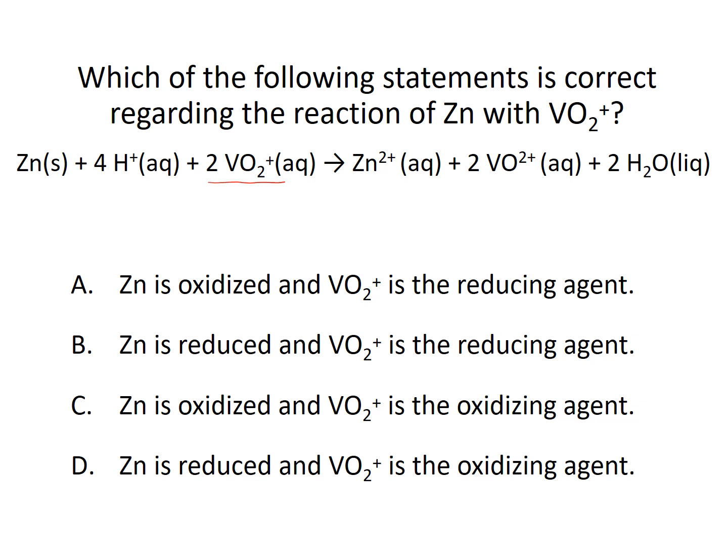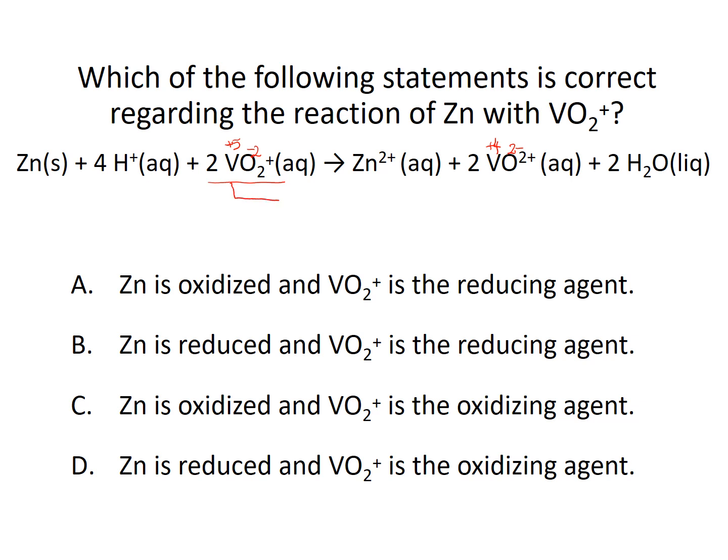If there is a positive charge here, and we have two oxygens with a -2 charge, then we're going to say that this vanadium has to have an oxidation number of +5, right? Because +5 minus 4 will give us that +1 charge. And in this case, if we have one oxygen in the -2 charge, and it needs to add up to a +2, then vanadium is going to be in the +4 oxidation state.